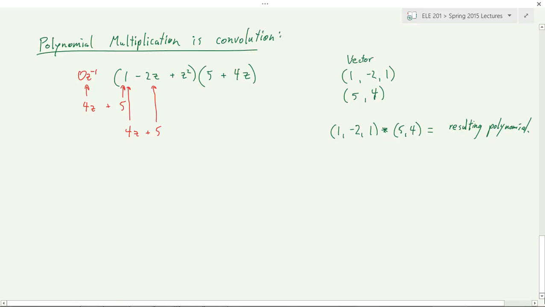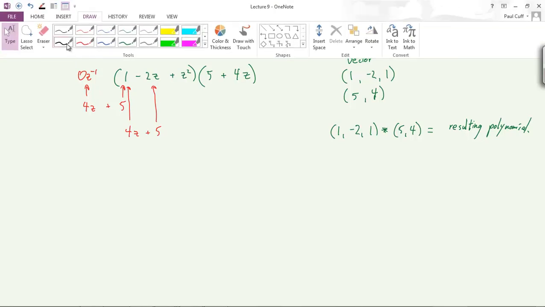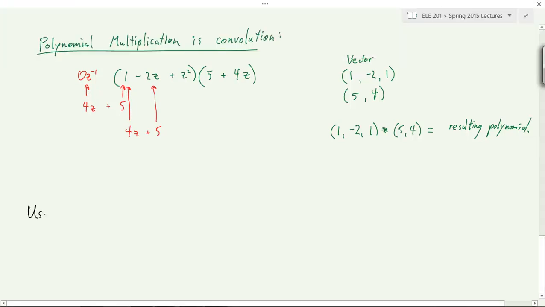Now, let me introduce a useful discrete time function. I'm going to introduce two. First of all, let's have what we call the Kronecker delta function.